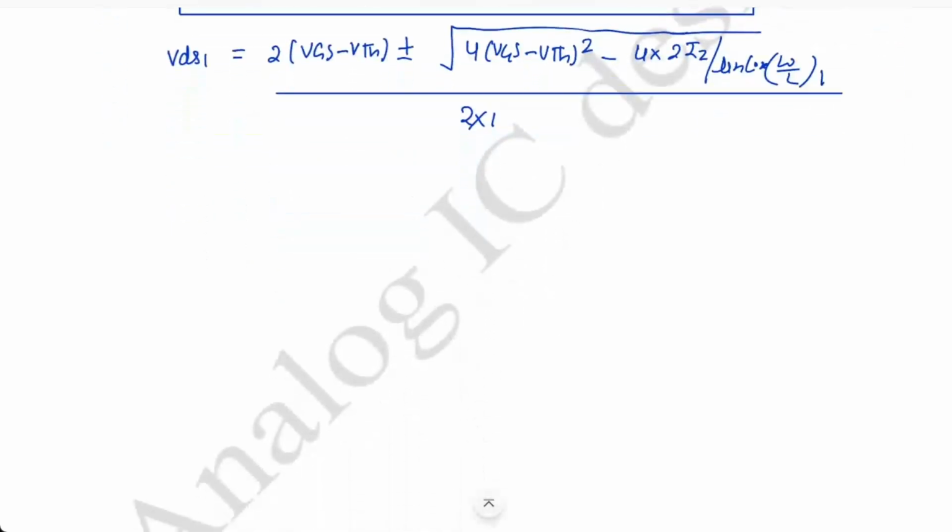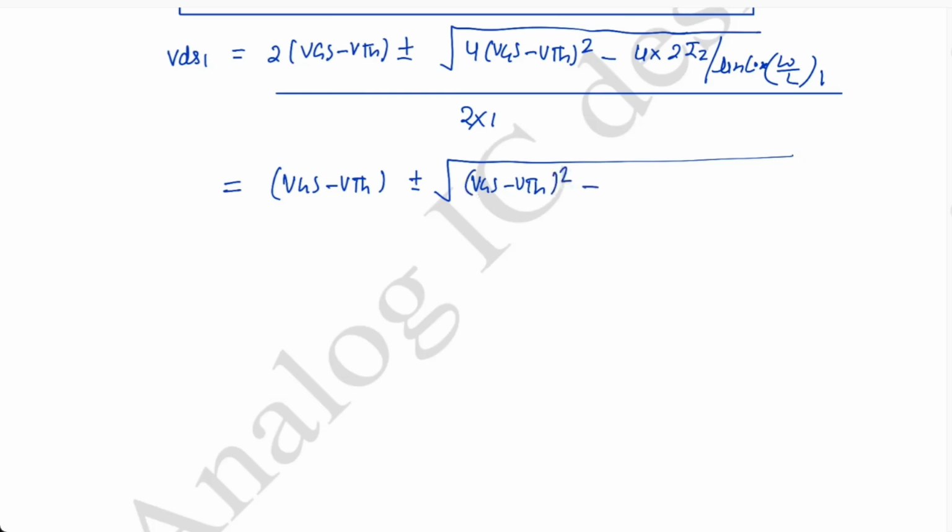Okay, now since we know that M1 is in linear region, let's simplify one more step. The 2 will cancel out, so it will be VGS minus VTH plus or minus root over (VGS minus VTH) whole square minus 2I2 divided by mu1 Cox W by L1. That 2 will come out and cancel with 2.